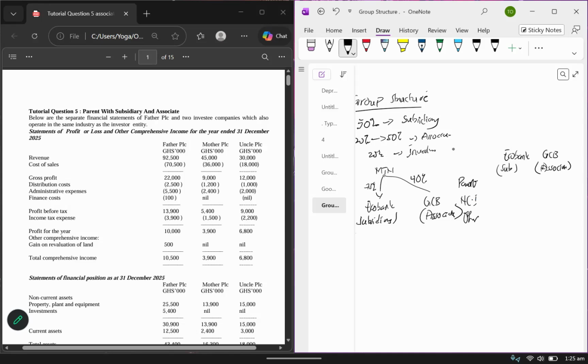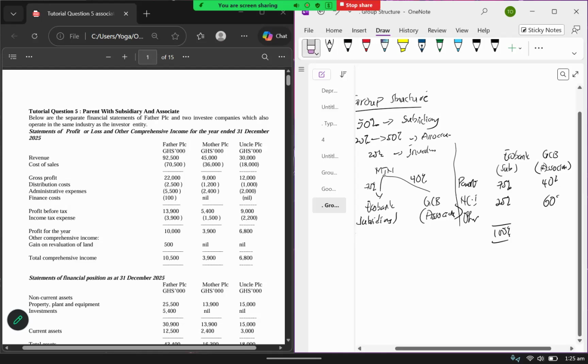Between these two, let me bring the percentages. 75%, so the NCI becomes 20%, then the total becomes 100%. Then I used 40% for this side, so 60% becomes the other, summing up to 100%.